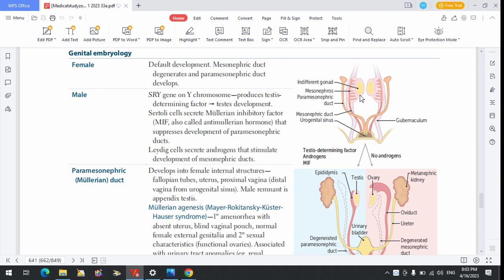That region codes for a gene that we call testis determining factor. The testis determining factor will stimulate that indifferent gonad to develop towards the testicular pathway. So it will make that indifferent gonad develop towards the testis.